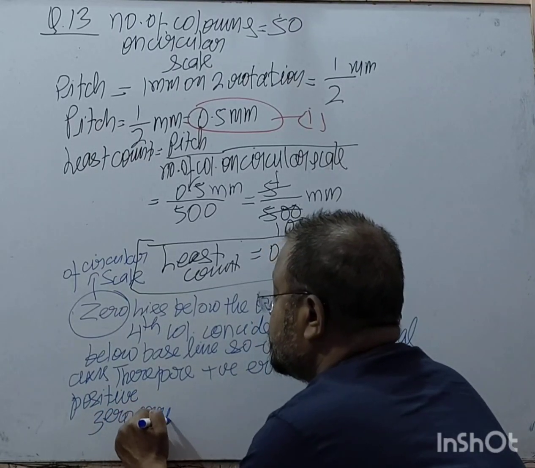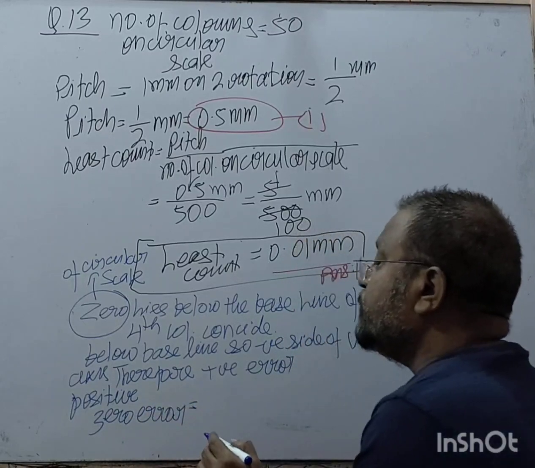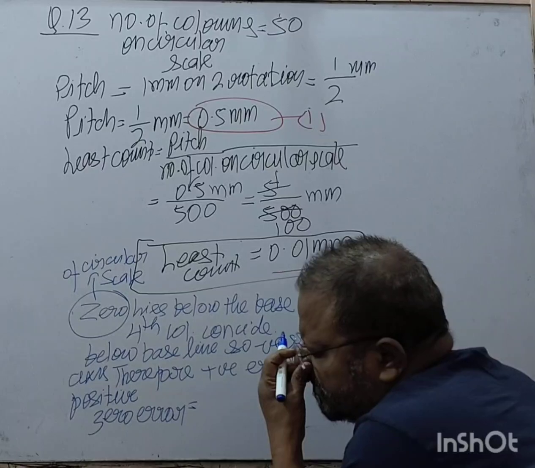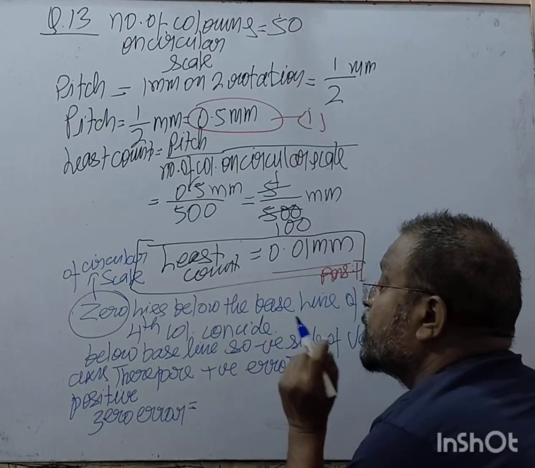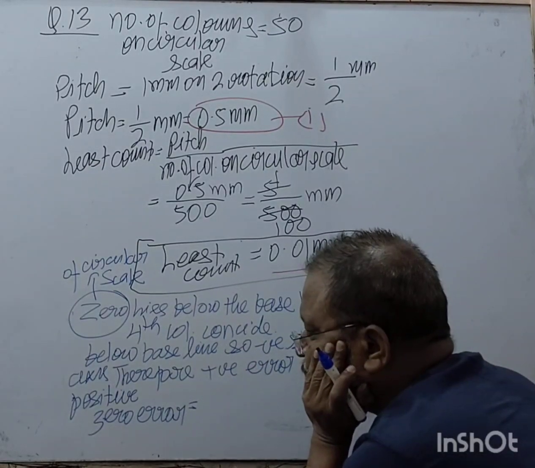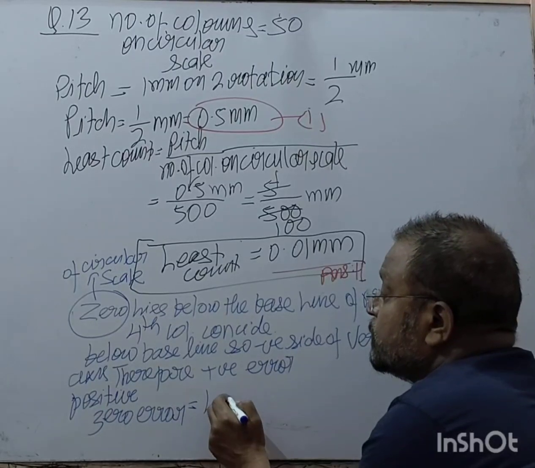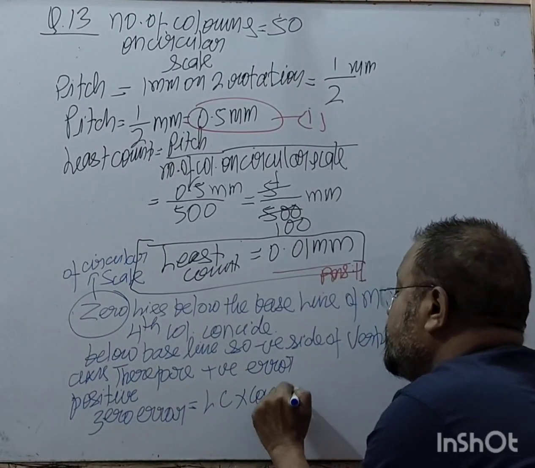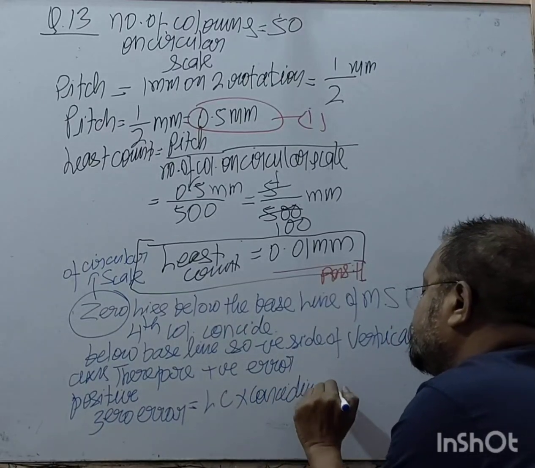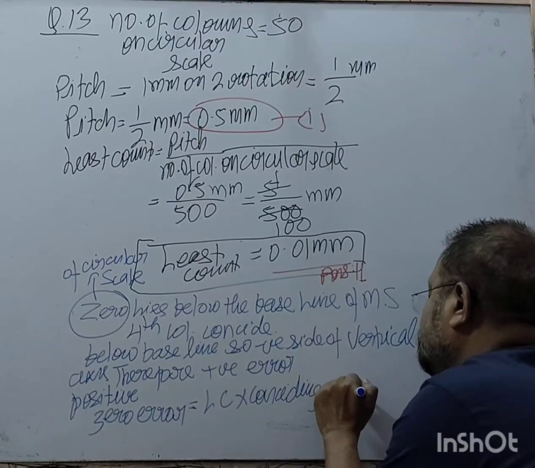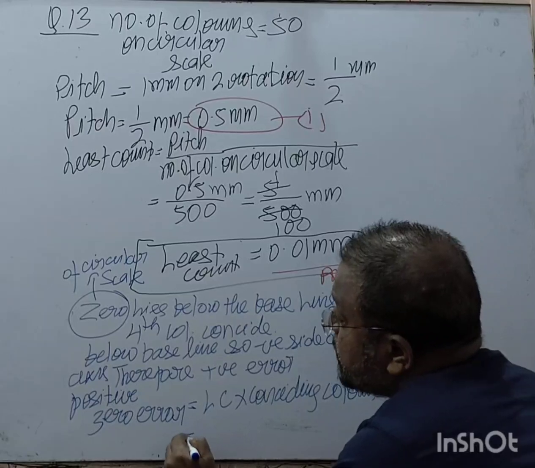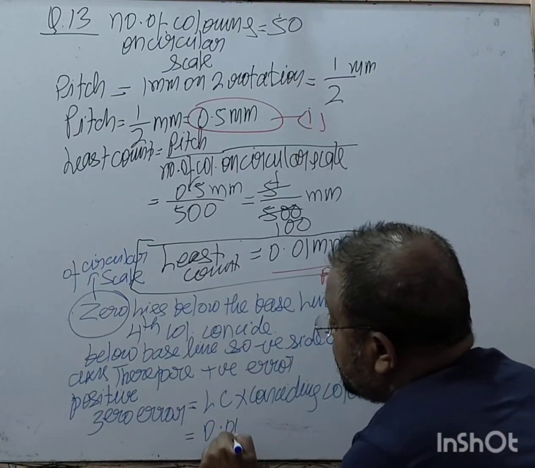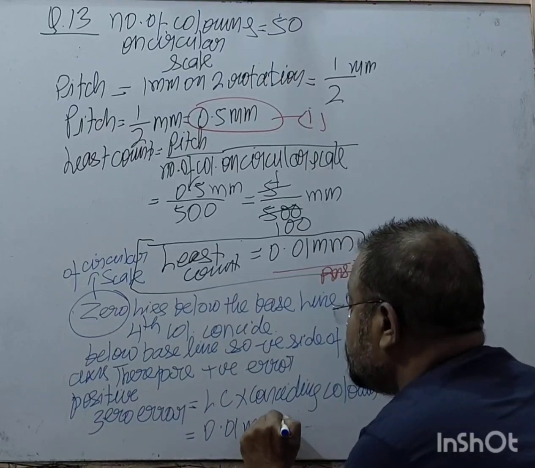So positive zero error is equal to least count into coinciding column. The least count is 0.01 millimeter and the fourth column.